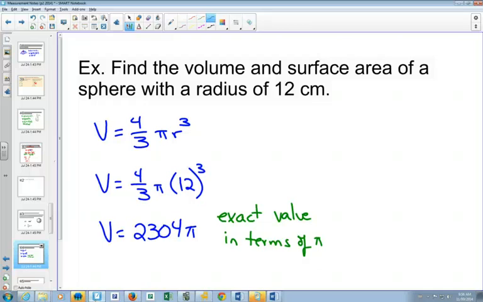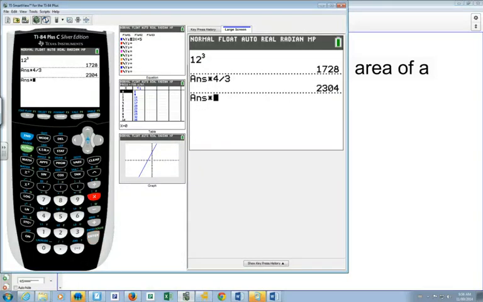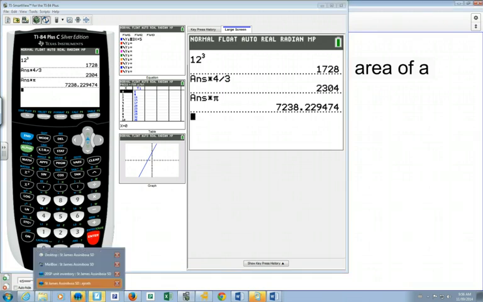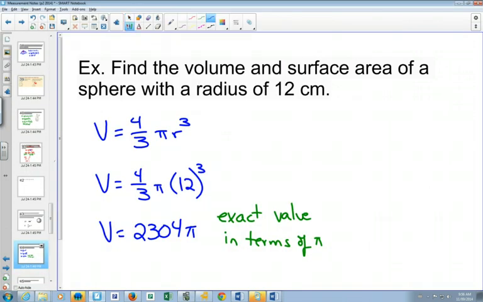Now this year you won't have to do this step. You will just go to your calculator. What do we have left? We have to times our answer by pi. 7238.2. And since we were dealing in centimeters, it's centimeters.